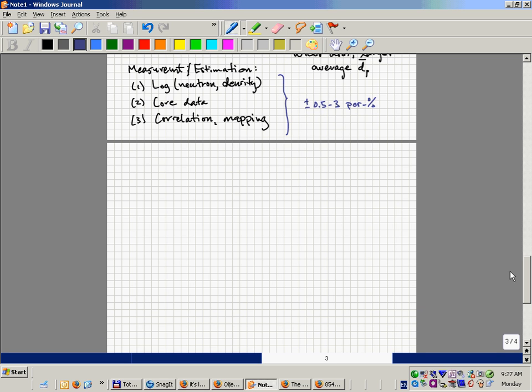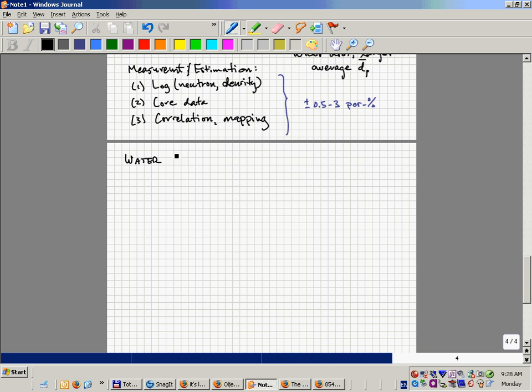So let's look at water saturation next, SW. We have different names for, we have so-called connate water saturation.